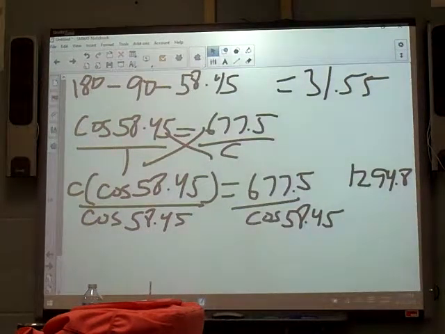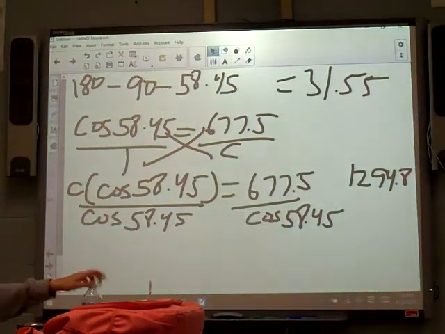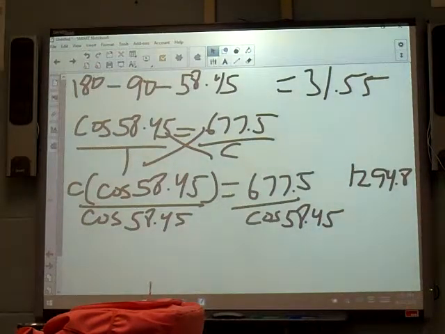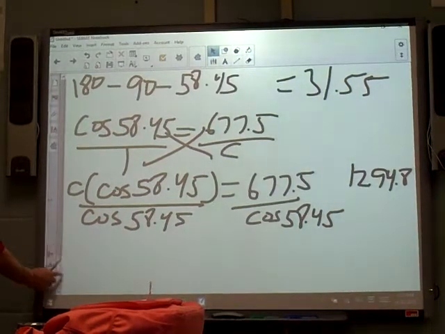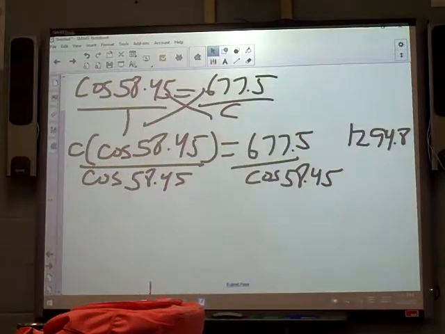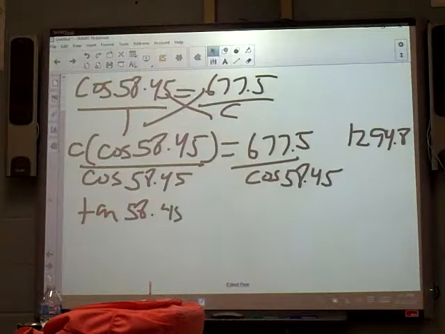Which would be opposite. So looking at the opposite and adjacent will be tangent. So let's scoot that up a little bit. Looking at the tangent of 58.45 is equal to opposite over adjacent.